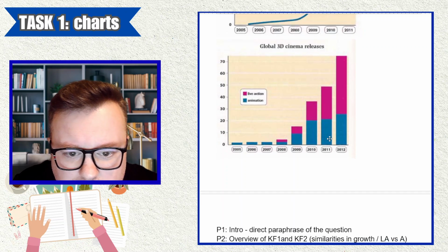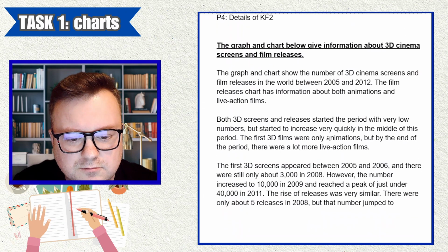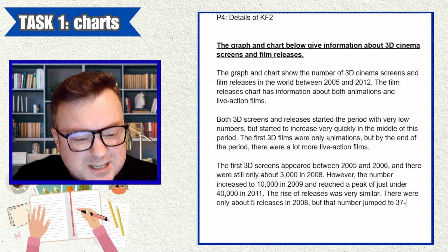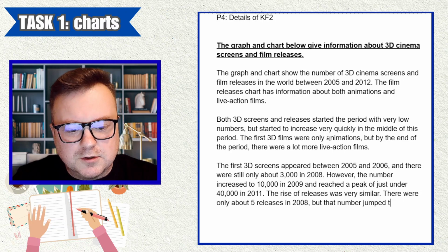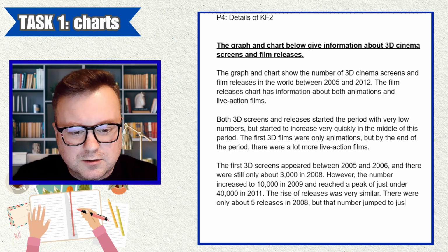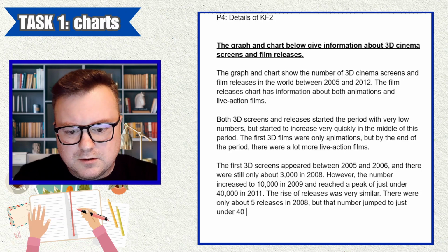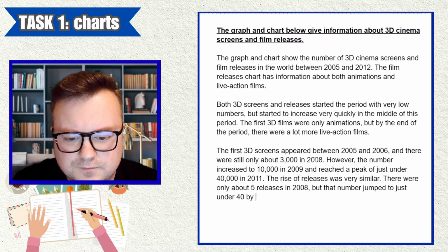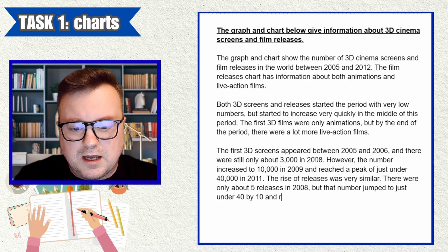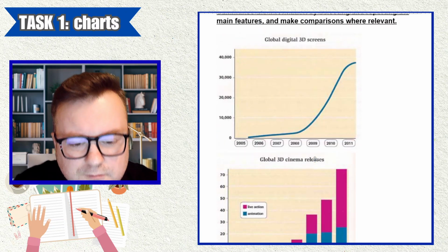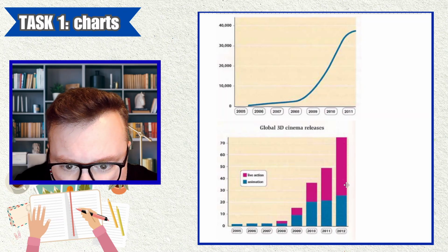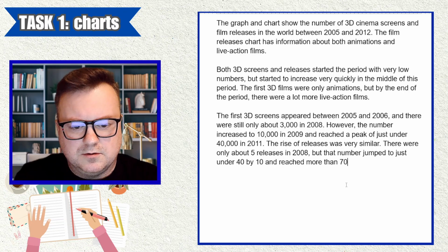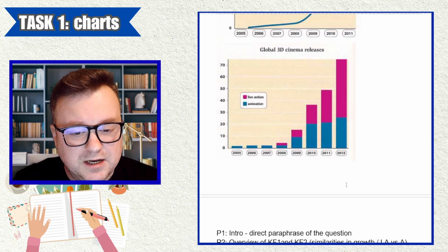Jumped to 37 to 38, or let's say just under 40 then, jump to just under 40 by, what year is that? 2010, and reached more than 70. It's very mechanical, isn't it?